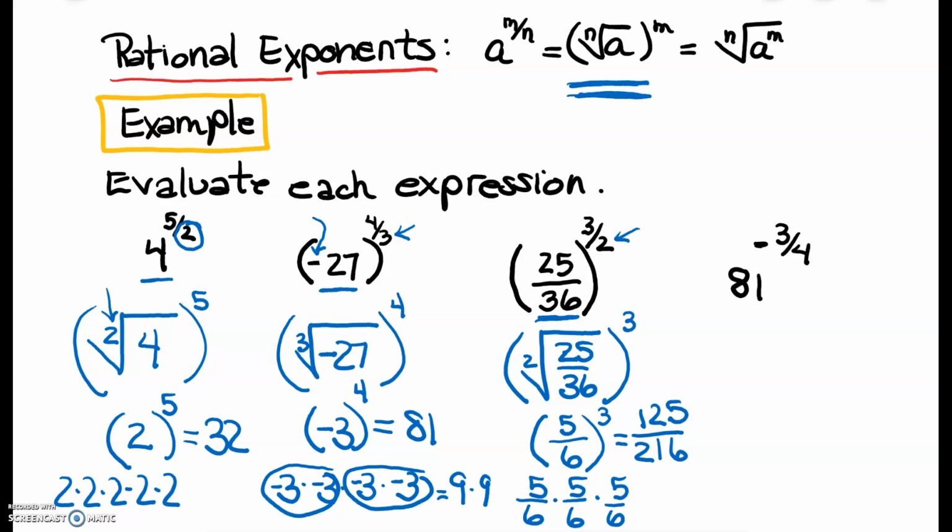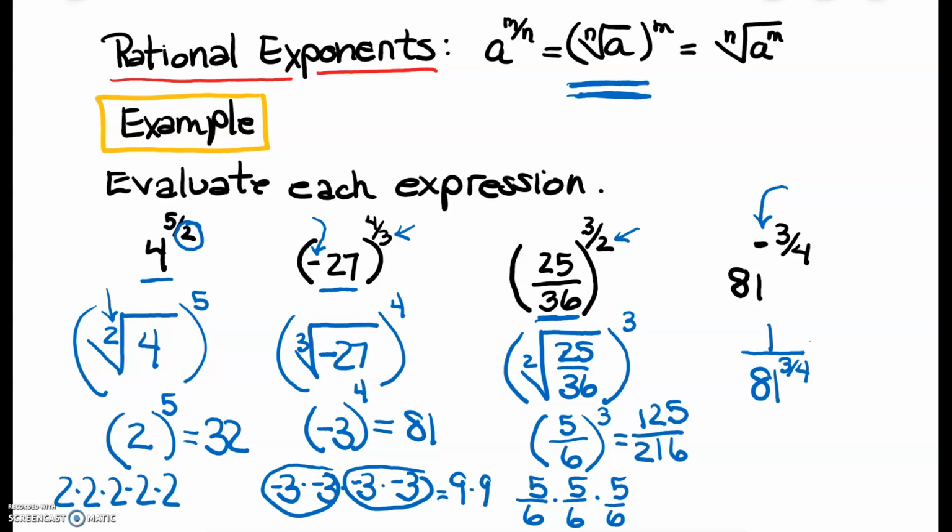All right, so now the very last thing we're going to do is evaluate an expression that has a negative rational exponent. And we have to remember what a negative exponent does. It takes the reciprocal of your base. So when I write the reciprocal of 81, it's 1 over 81. And then we raise our base, which is 81, to the positive of my exponent.